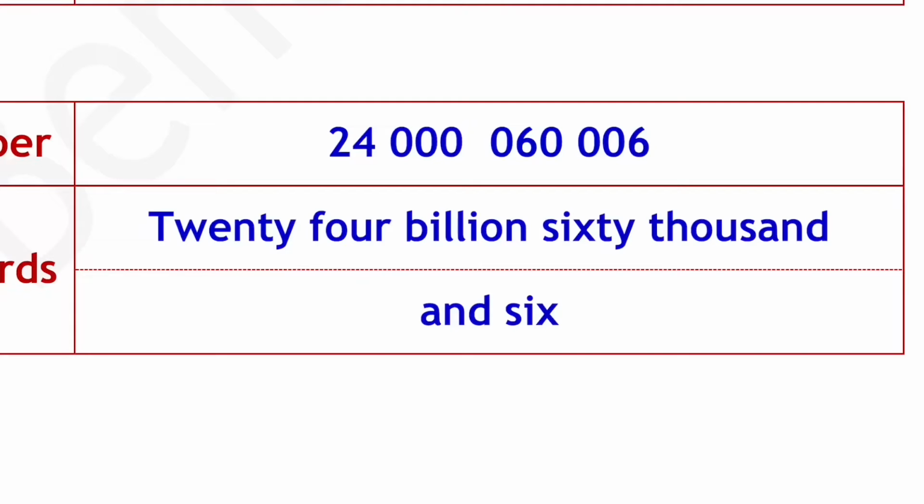So that 6 is connected using the term and to the bridge 1000. When you read it, there won't be a break after 1000, but there will be a break after billion. Not only writing the number, but pronouncing or reading the number properly should also be learnt. So when you read this, it is 24 billion 60,006. Can you read it loud?